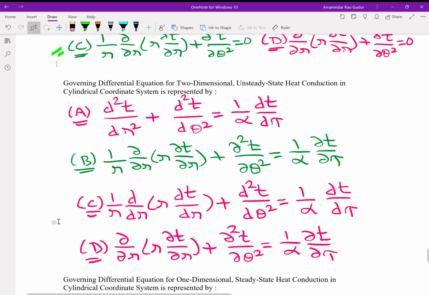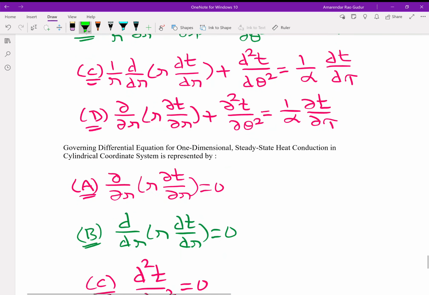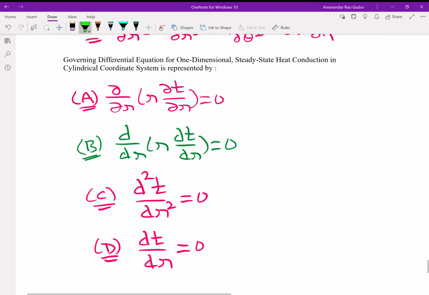Then governing differential equation for 2D unsteady state heat conduction. 2D unsteady. Everything is the same as this, but the right hand side has 1 by alpha del T by del tau. This will be a perfect equation. Remaining all are erroneous. Then governing differential equation for 1D steady state heat conduction in cylindrical coordinate system is given by 1D steady state. Many students may go for it, but del by del R, that's wrong.